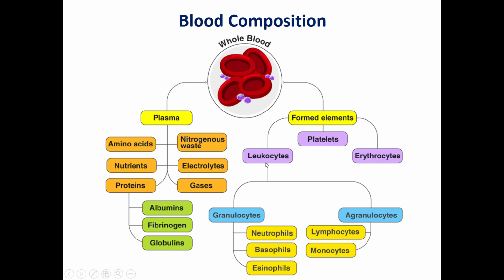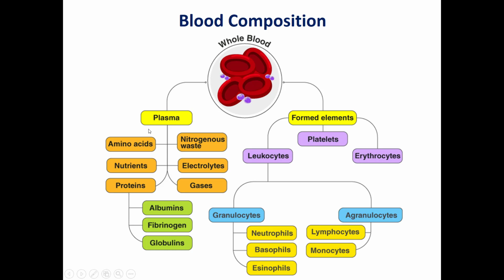The leukocytes also can be separated into two main categories: granulocytes and agranulocytes. The granulocytes are the neutrophils, basophils, and eosinophils. The agranulocytes are lymphocytes and monocytes.